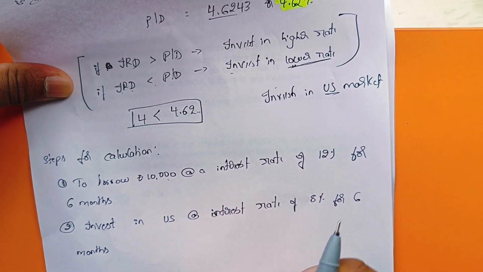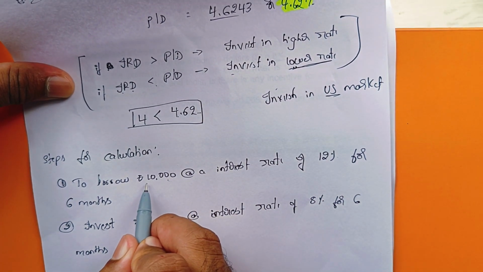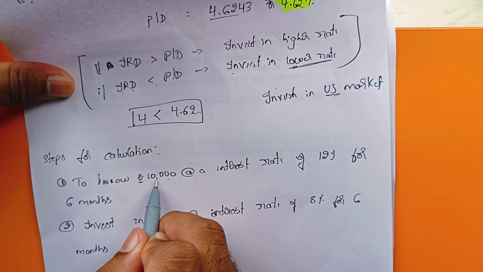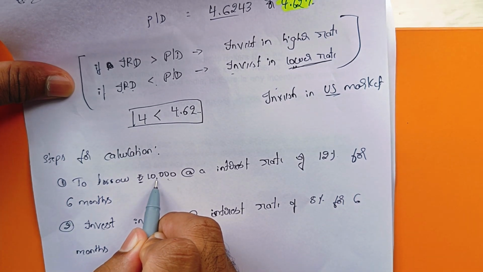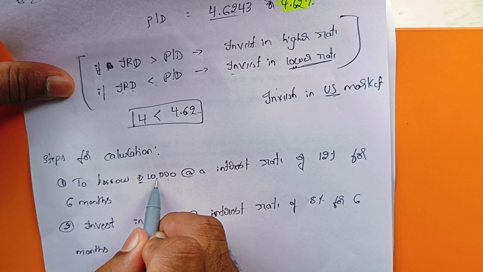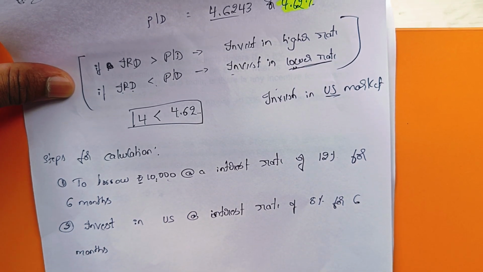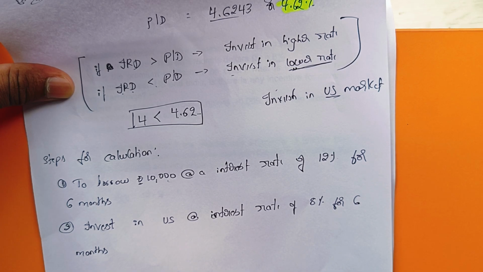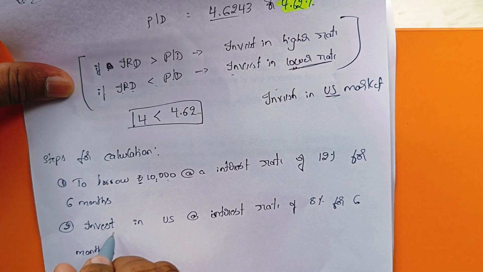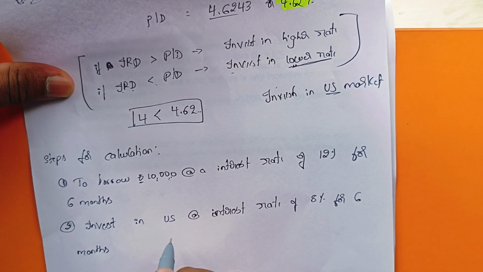Okay, he has borrowed the amount in rupees. He is investing in the US market. If he wants to invest in the US market, obviously we need to convert that amount. Simply we can't invest rupees in the US market because the US market accepts only dollars. The transaction can be made in the form of dollars itself, not in the form of rupees. Understood? If you want to invest rupees 10,000 in the US, he needs to convert.